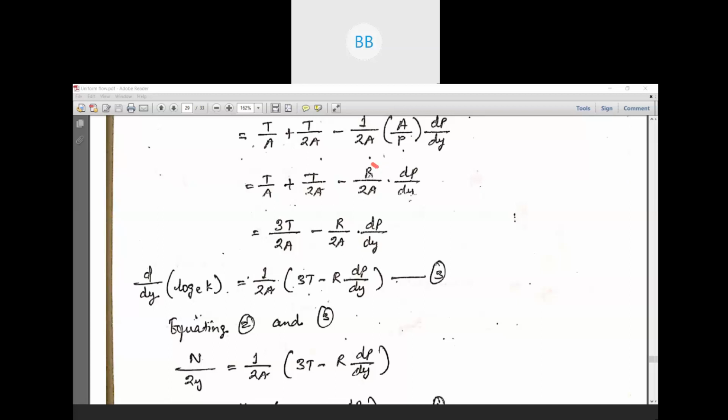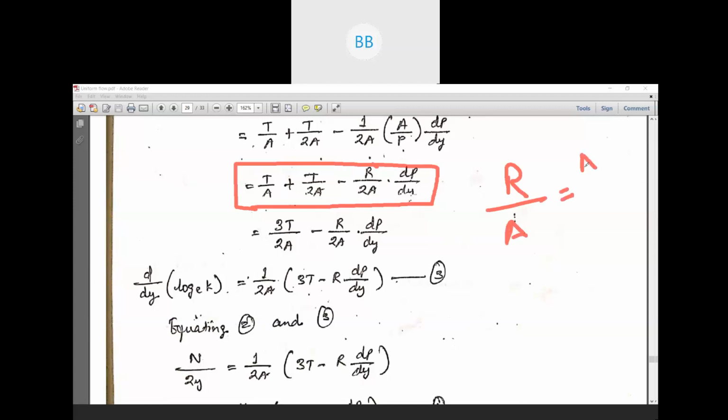So bring R. This is the expression. So this R by A is nothing but, if you solve again, this is area by perimeter, and this is area. This area will be cancelled out. So ultimately, you will get 1 by P. So 2 is already there. So ultimately, you are going to get 1 by twice P.